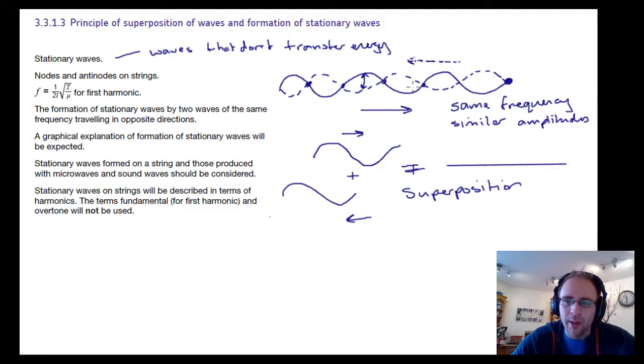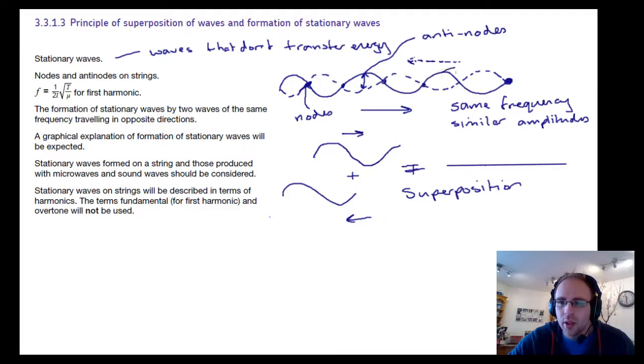So if I've got one wave travelling one way and one wave travelling the other way, the same frequency, similar amplitudes, we can get a standing wave or a stationary wave. So these points here, the points that we said don't move, those points are nodes. And the points of maximum amplitude are antinodes. So here and here and here and here and here and here are all antinodes. So those are points of maximum displacement.